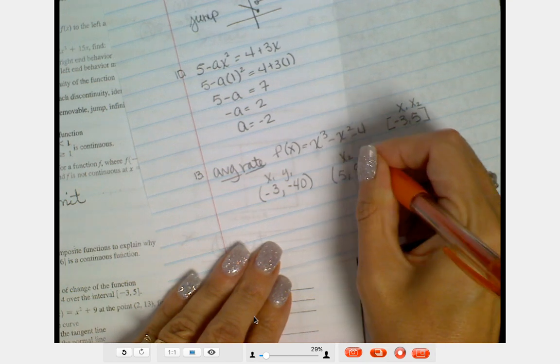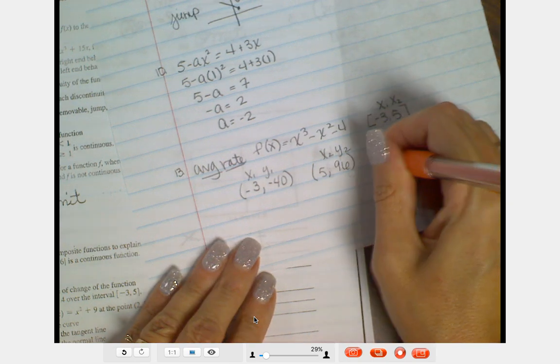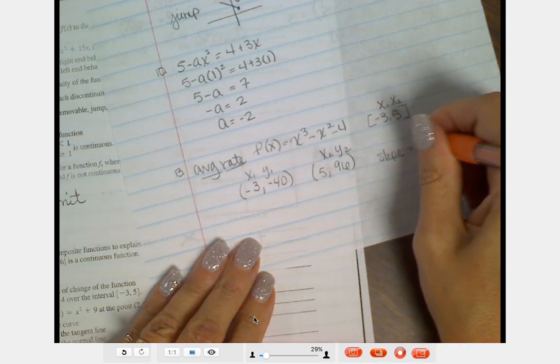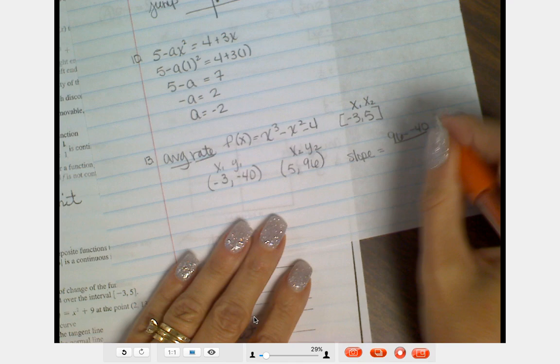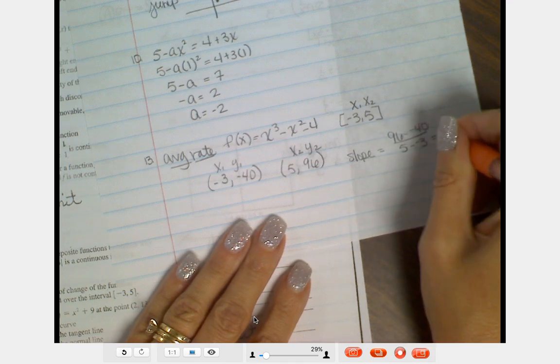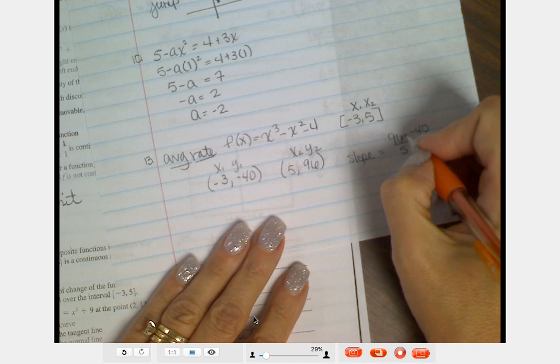That's your x2, y2. So to find the average slope of this secant line, 96 minus negative 40 over 5 minus negative 3, so 17 is your answer when you do that on the calculator.